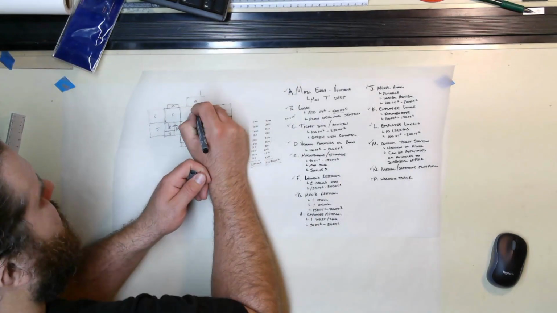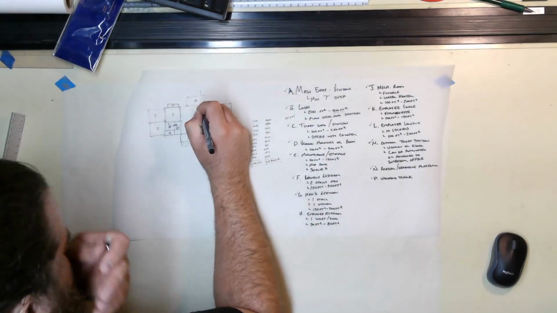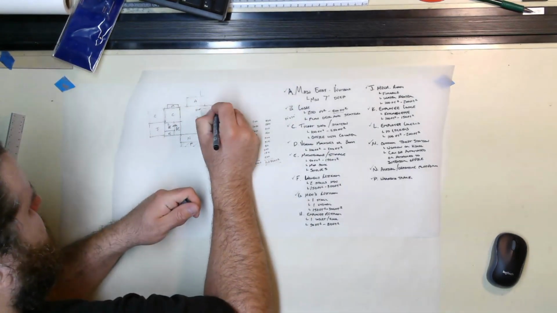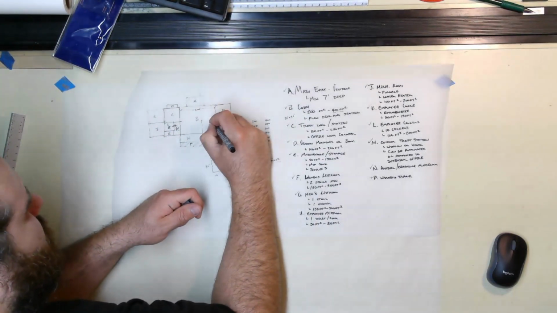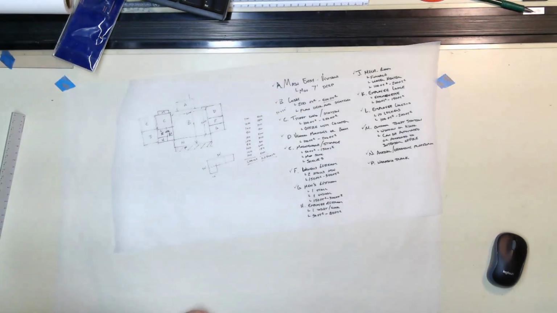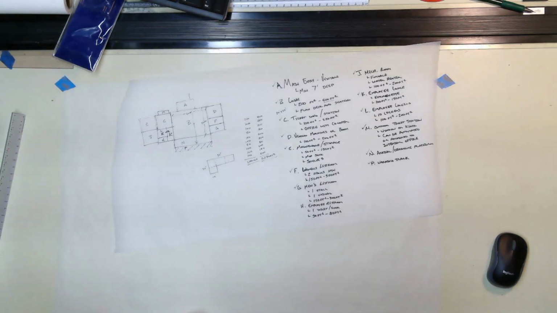Throw 20 feet, 20 feet, and then do that to all your rooms, so they're all roughly to scale. Then we can get into throwing your walls in.